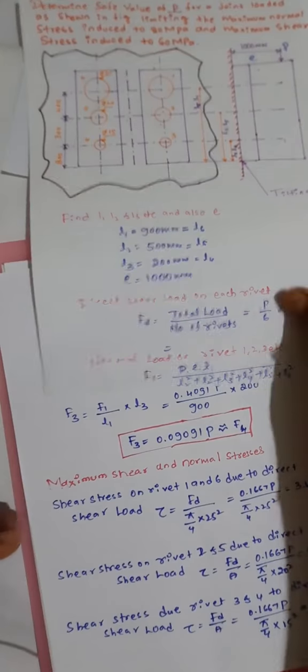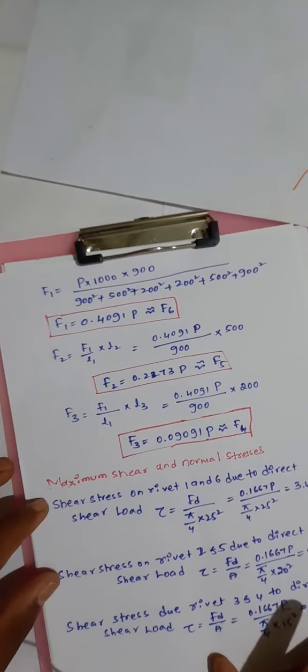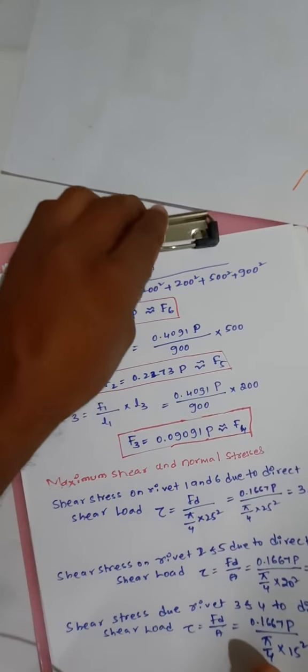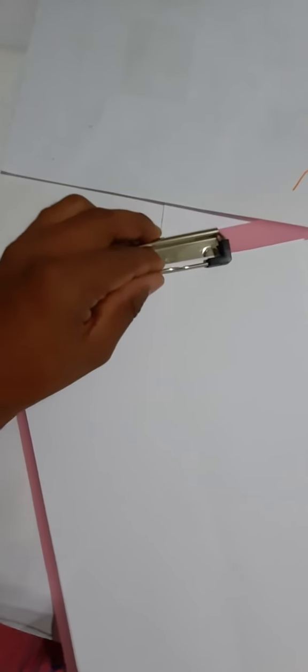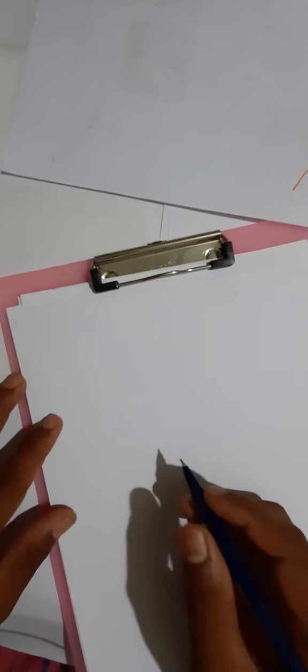In the same way, we need to find the tensile stress on rivet number 1 and 6 due to normal load.